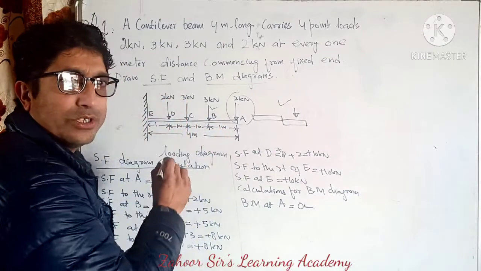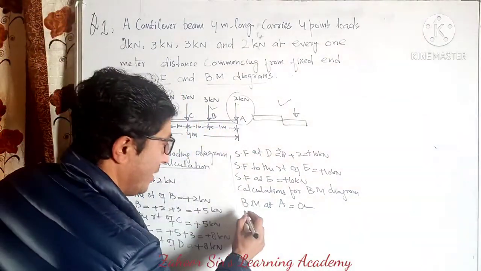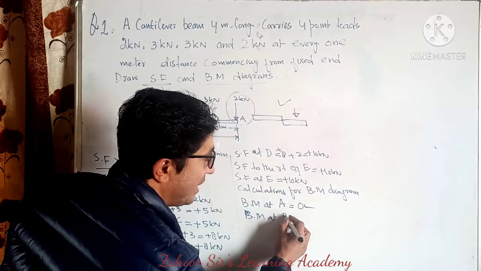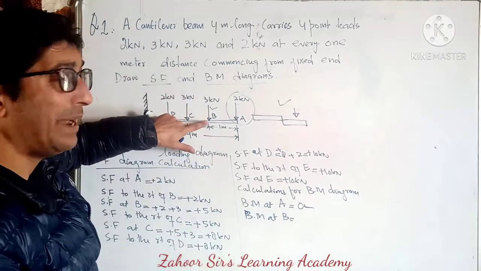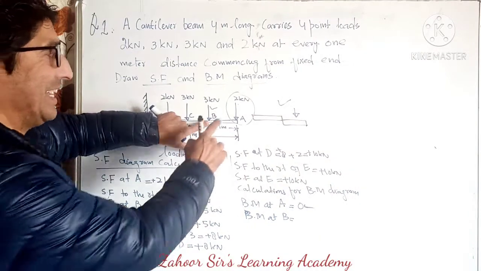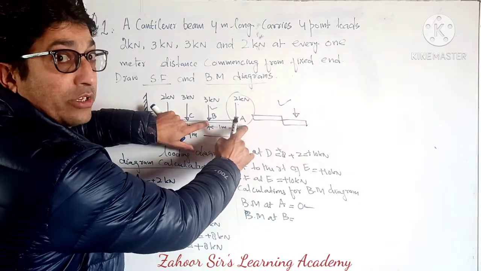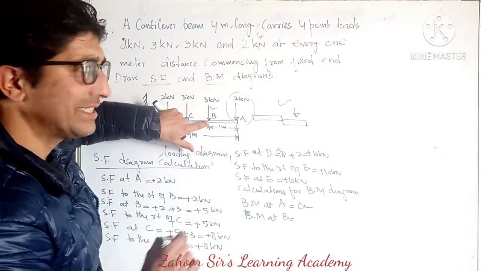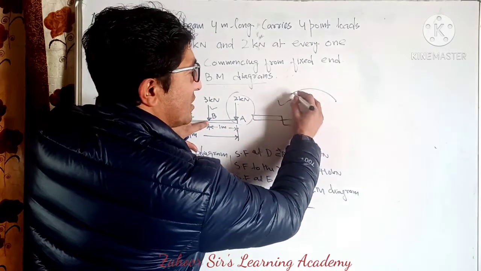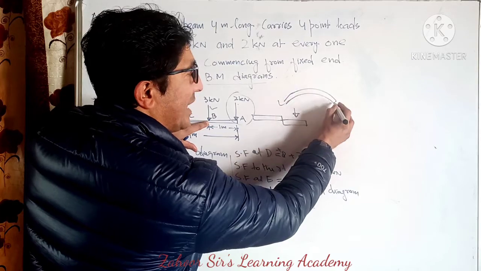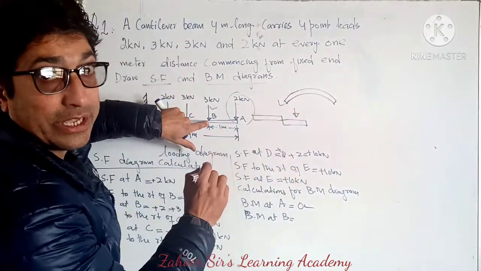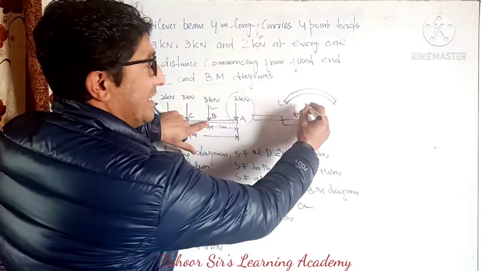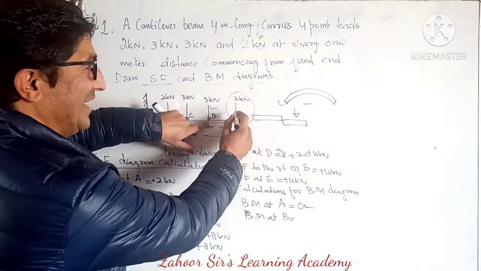Then now we'll go to the point B. BM at B. Now, who is going to bend point B? Yes, this force is going to bend point B. Do you remember the hogging? Yes, I have given you the sign convention. This is called the hogging. You remember sagging and hogging. Hogging is taken as negative.